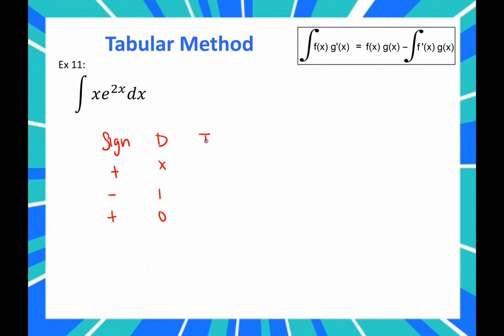And now I need to take the integral of e to the 2x. Well, that's going to be 1/2 e to the 2x. How come? Well, if I take the derivative of e to the 2x, I get e to the 2x times 2, because the derivative of the inside is 2. So that's why I need the 1/2 out in front, so that the 2's can cancel and I'm left with e to the 2x.